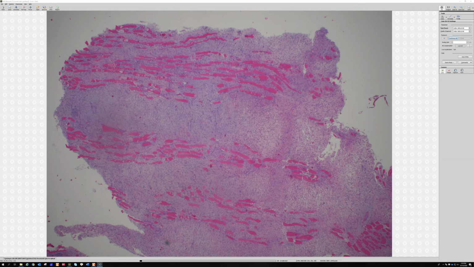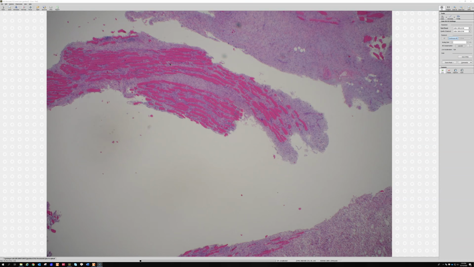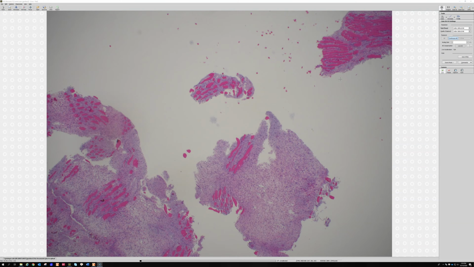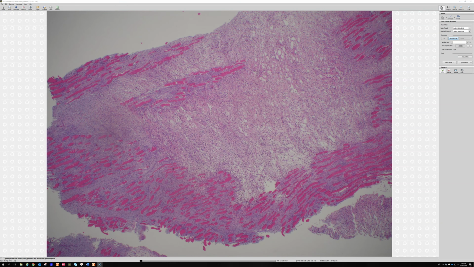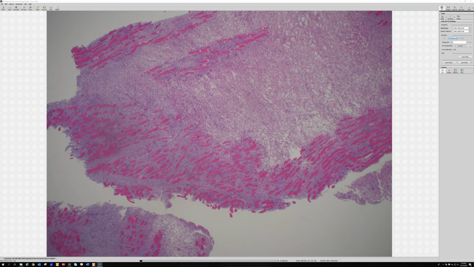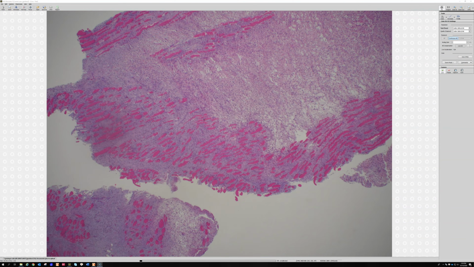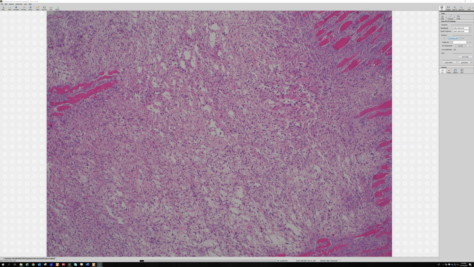Maybe a slight bit of bluish myxoid background. This pattern is very interesting, isn't it? The spindle cells are filling in the spaces between the muscle bundles, and they're actually splaying apart the individual muscle fibers, right? It's kind of a weird thing. Let's go look closer. In some areas cells get wrapped a little bit.